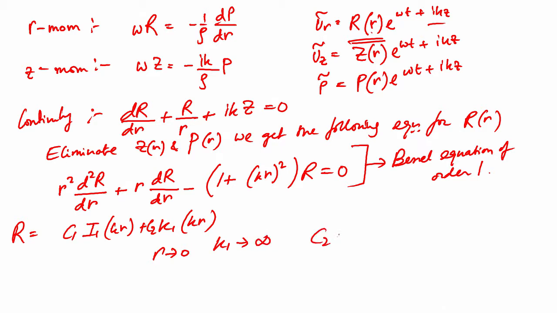So, this means C2 is equal to 0. As a result, R becomes equal to C I1 k r. Once again, k is the wave number in the z direction.